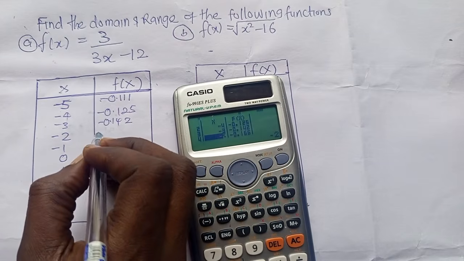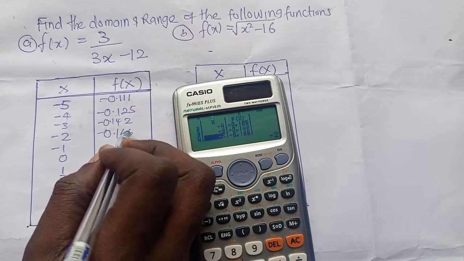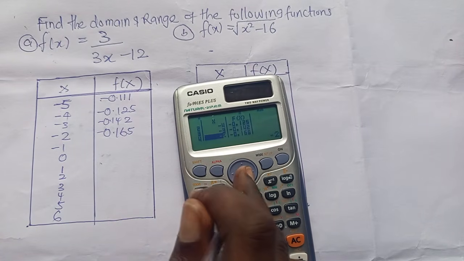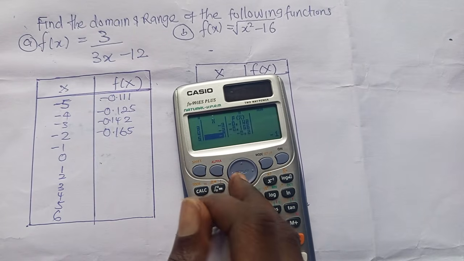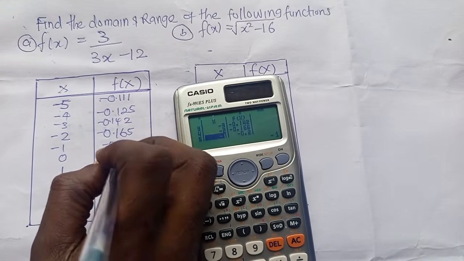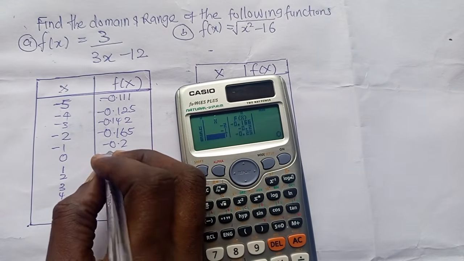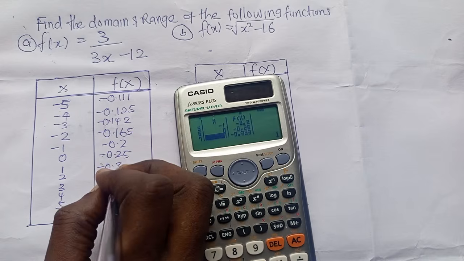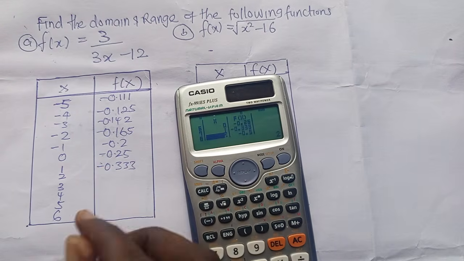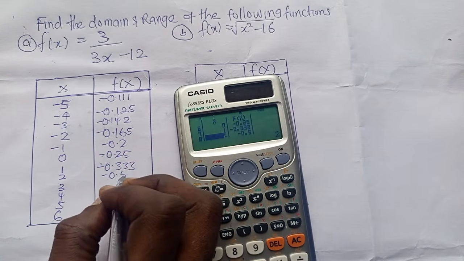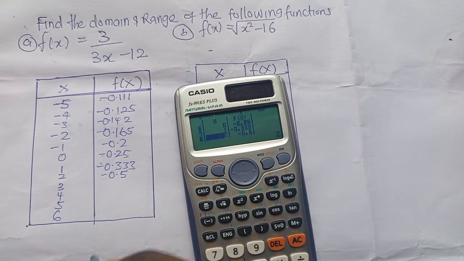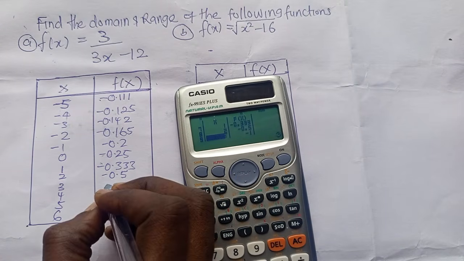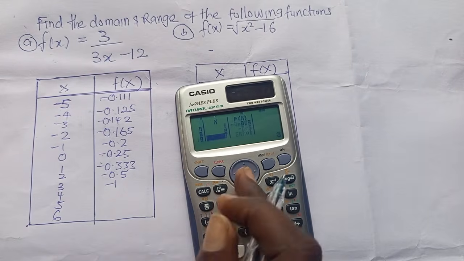Minus 2 is minus 0.165. Then scroll down again. Minus 1 is minus 0.2, then minus 0.25, minus 0.333, and minus 0.5 for 2. Then we have minus 1 for 3.